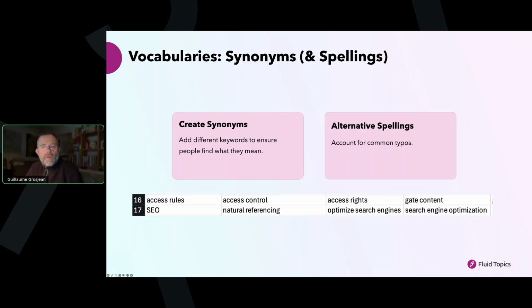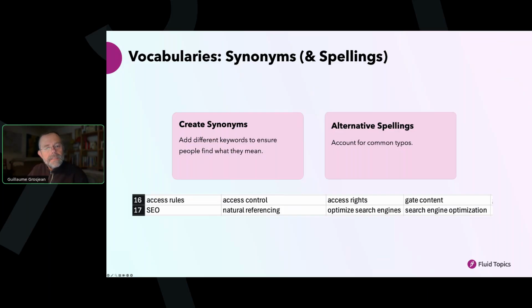So a vocabulary is a text file, which is a flat file. You will be able to create several formats for a vocabulary, a CSV file with lines like what you see on the screen: access rules, access control, access rights, gated content, all these expressions, as well as SEO, natural referencing, search engine optimization.